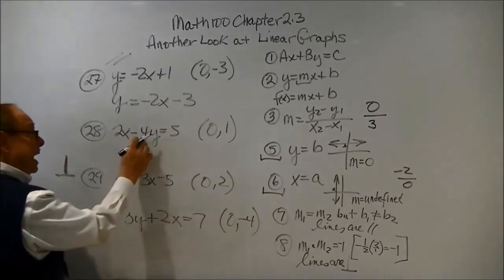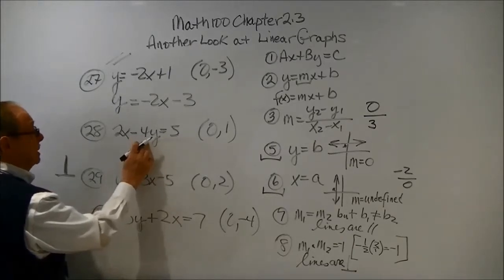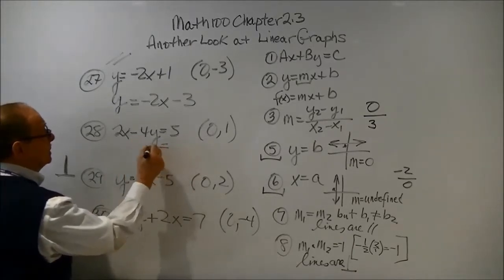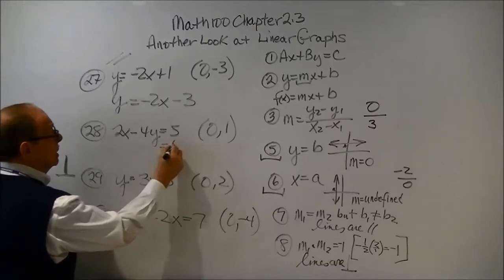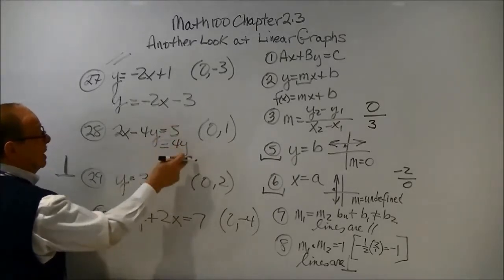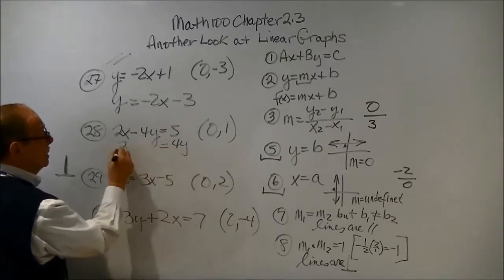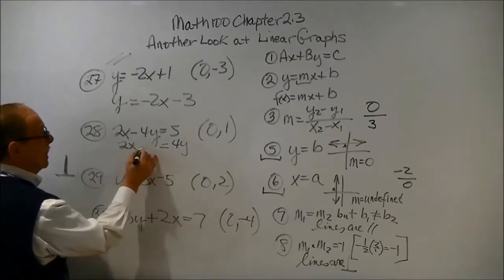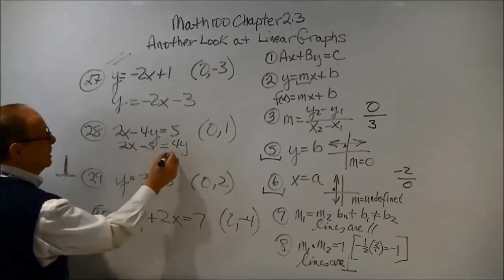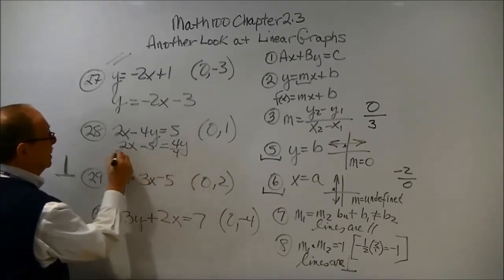Here we have to find the slope of this line. So I'm going to solve for y. 4y on the other side becomes positive, 2x minus 5, divide by 4.